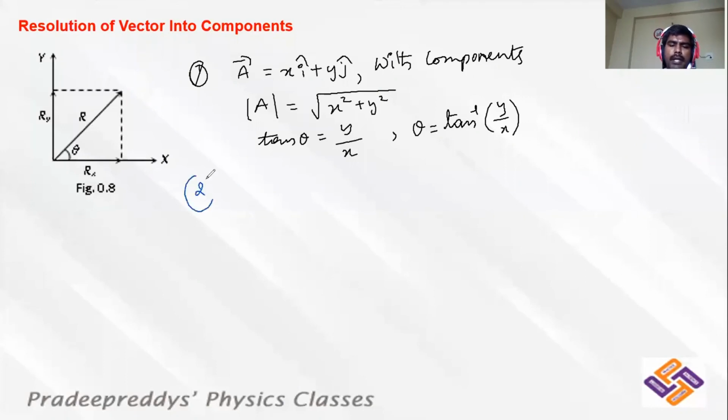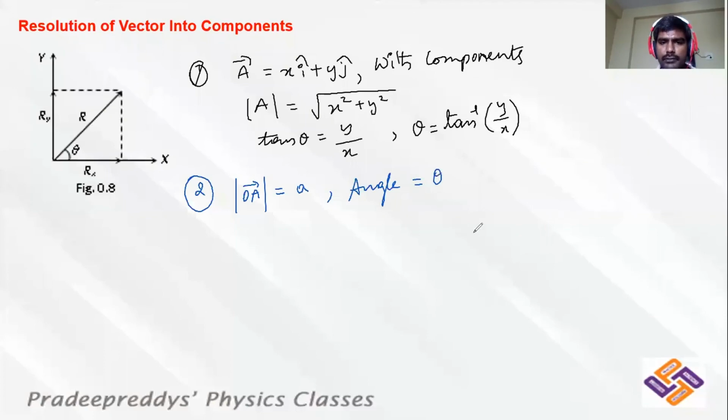And the other thing is number 2. Sometimes you will be given a vector whose magnitude is given directly, like magnitude of vector OA is equal to A, and the angle will be given to you. Angle is equal to theta.